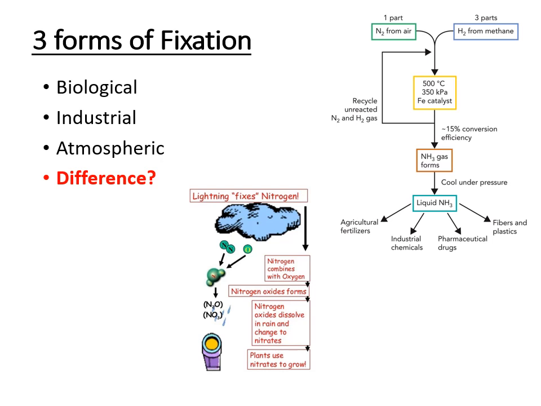So now, a moment ago, I mentioned nitrogen fixation, and I said three ways to get that process are bacteria, the Haber process, and lightning. And so on this slide, when we say three forms of fixation, biological, industrial, atmospheric, biological is the bacteria-based form of nitrogen fixation.